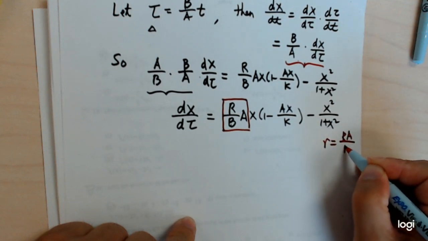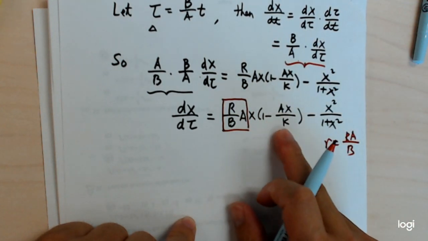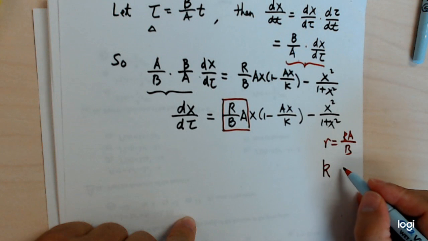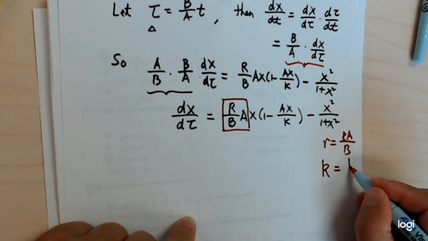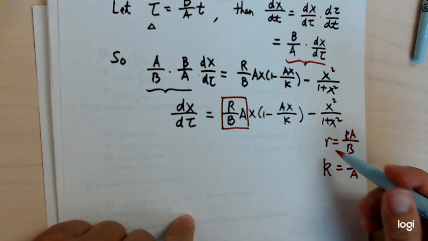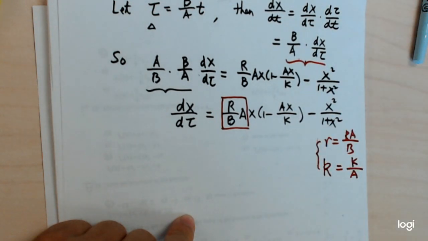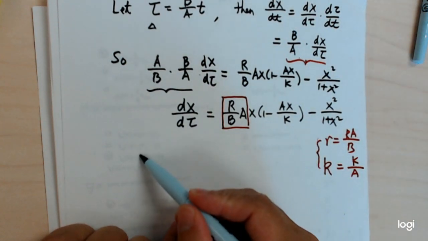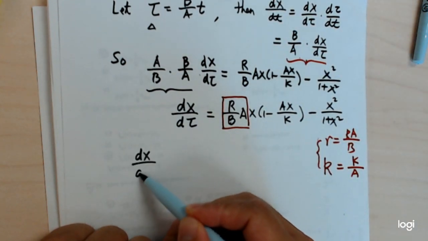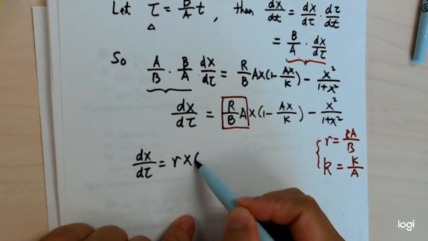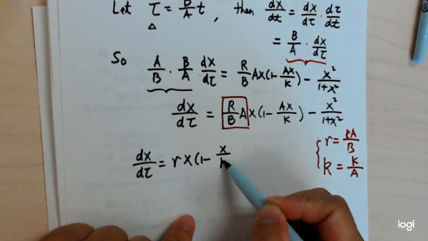And a over k, I can further reduce it by letting a different k, using little k here, to be capital K over a. Then we arrive at the following new equation, which is much simpler and has just 2 parameters in there.